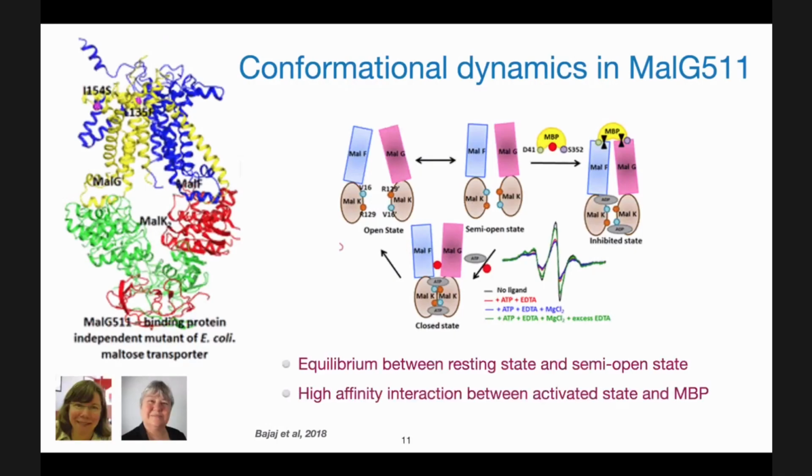So there were two major points: that it exists in equilibrium between resting state and semi-open state, and there is a high affinity interaction between the activated state and the MBP, which is causing this biphasic behavior.